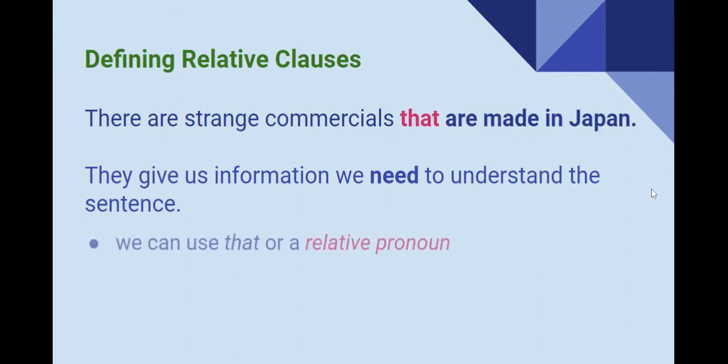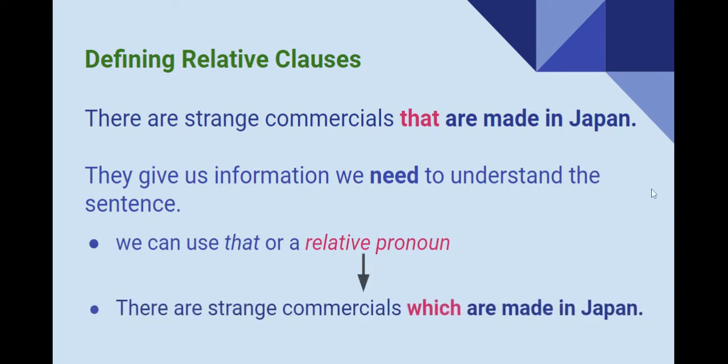Now, we can use the word that or any other relative pronoun. There are strange commercials which are made in Japan. In this case, I am using the pronoun which because I'm talking about commercials. Other words could be who, which, where, when, and whose. And remember, whose is going to be talking about possession. Let's continue.